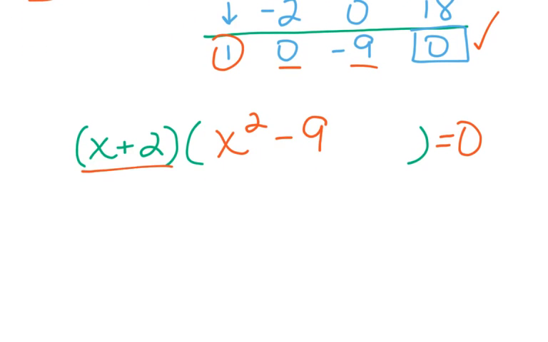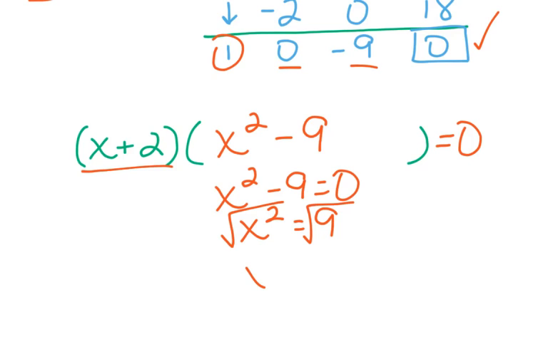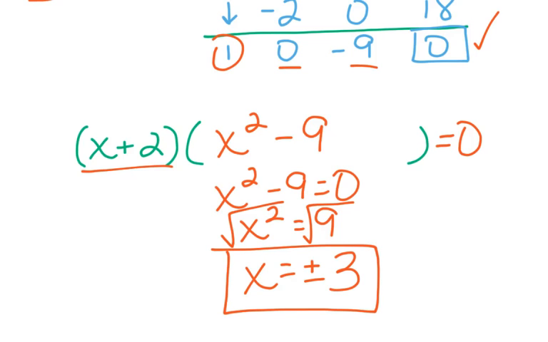Well, we don't need to worry about this one because they already gave us negative 2, but we do need to think about x squared minus 9. And we can either set this equal to 0 and solve it using square roots, and you would get x equals plus or minus 3. You could also factor it into x plus 3, x minus 3. Either way, you're going to get the same solutions.